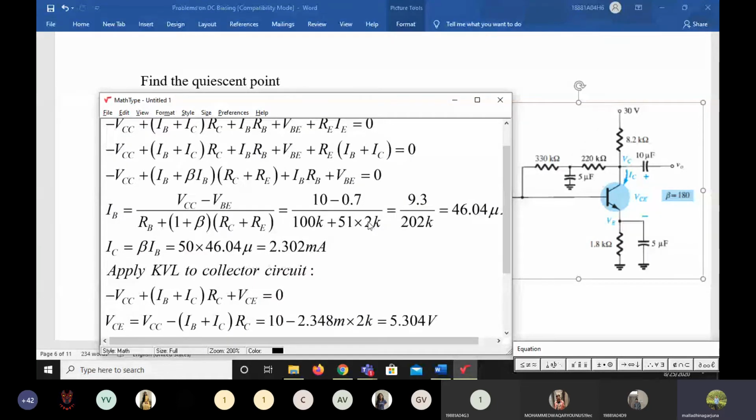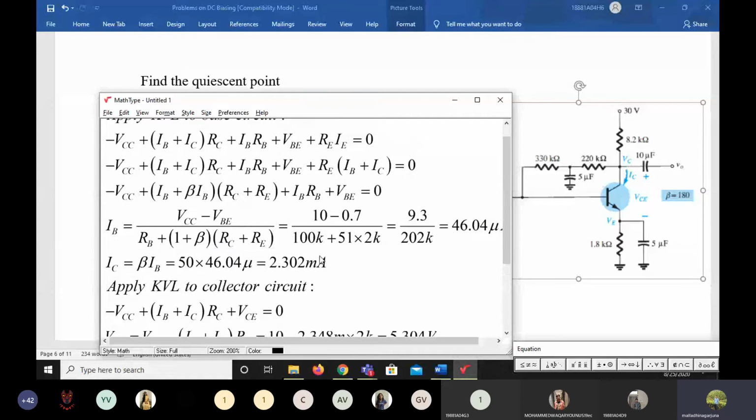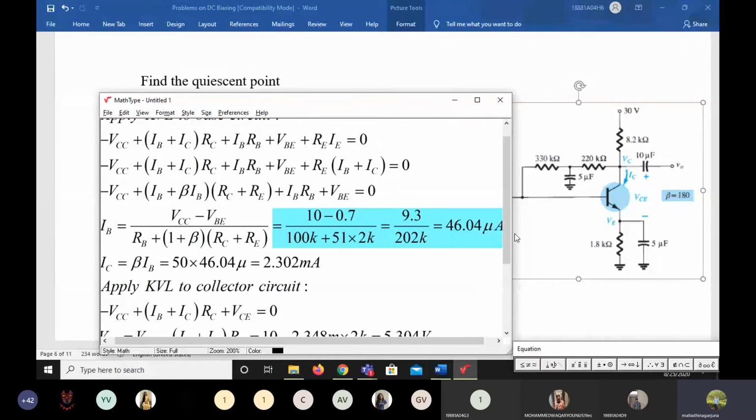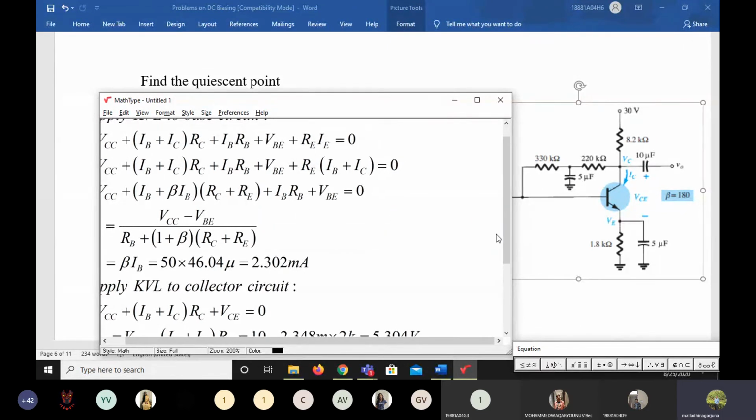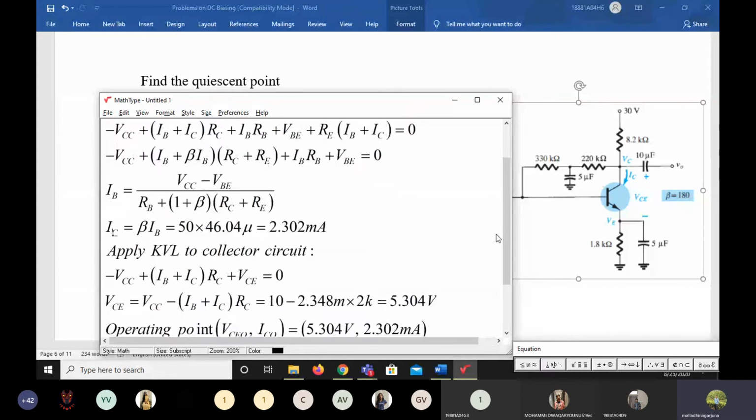Depends on this equation, you substitute your present equation values. So in this problem they have given some values. You substitute those values here. These are the previous problem solutions.